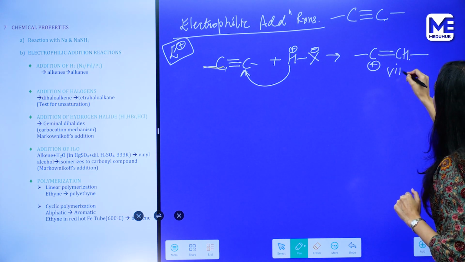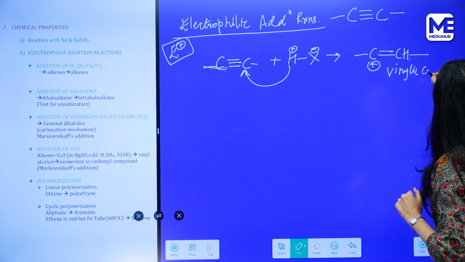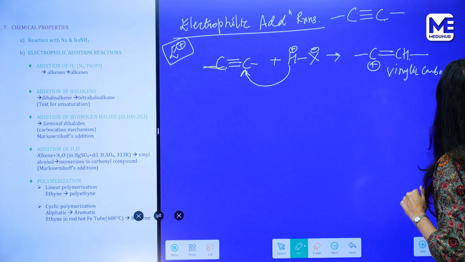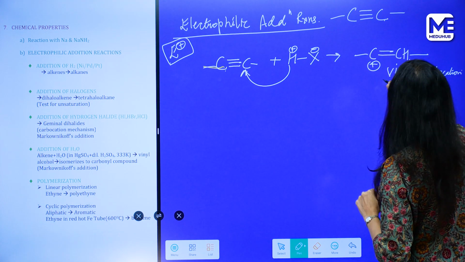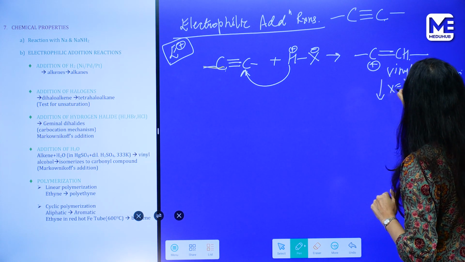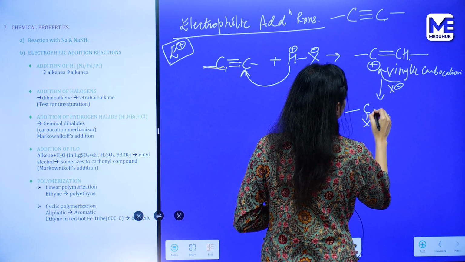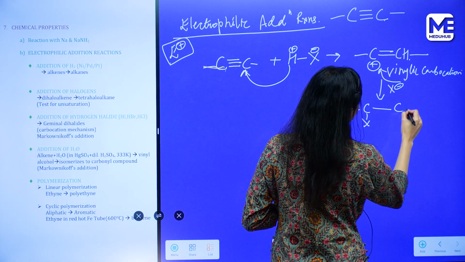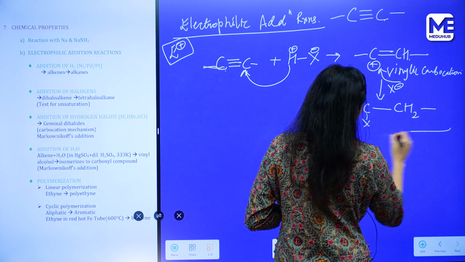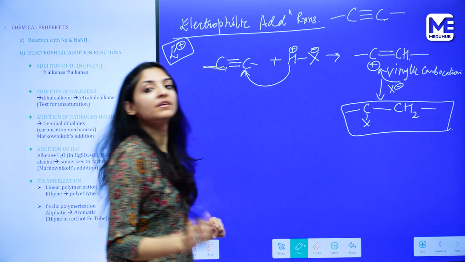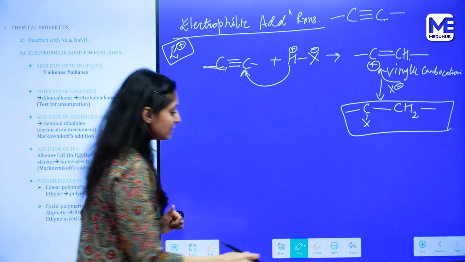This vinylic carbocation then gets attacked by the X minus here to give us this product.